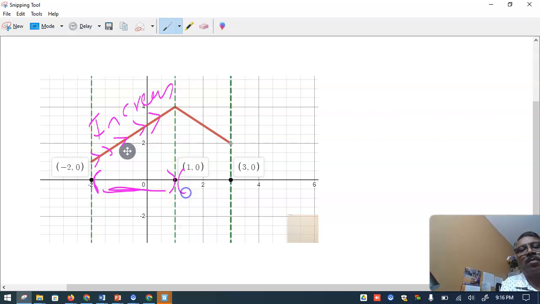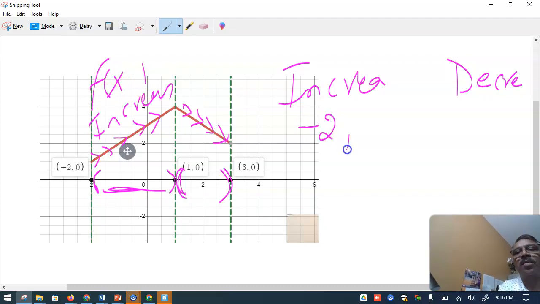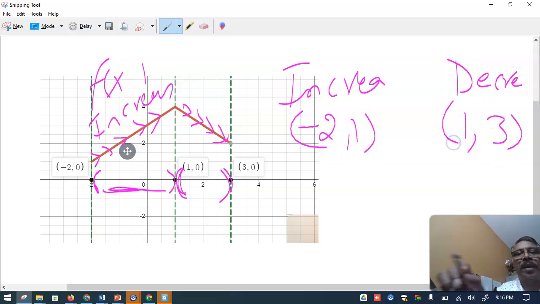Then from 1 to 3, the graph is decreasing. That's the main thing. So for the original function, f of x, it is increasing from -2 to 1, and then decreasing from 1 to 3.